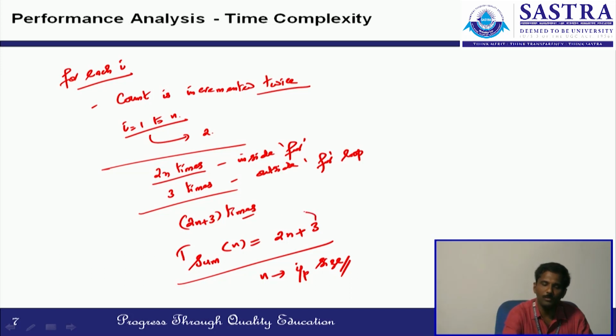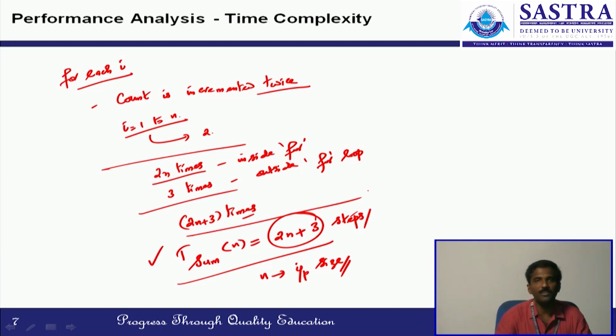So, what is 2n plus 3? 2n plus 3 indicates that the total number of executable steps or instructions in the algorithm sum with input size n is 2n plus 3. This is the interpretation.